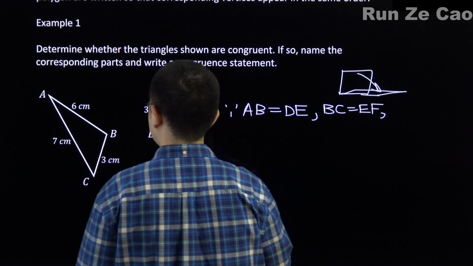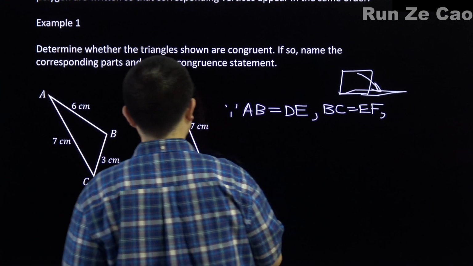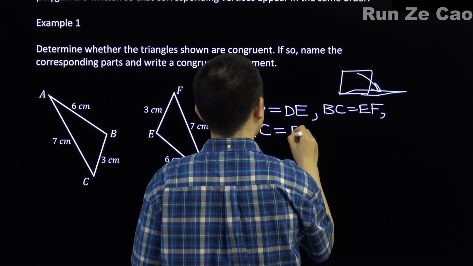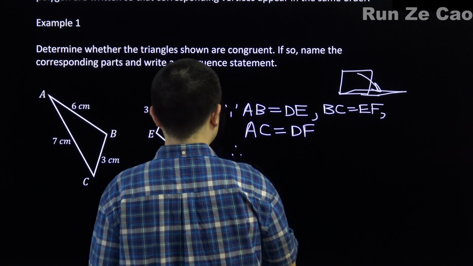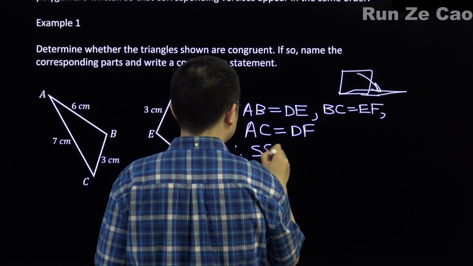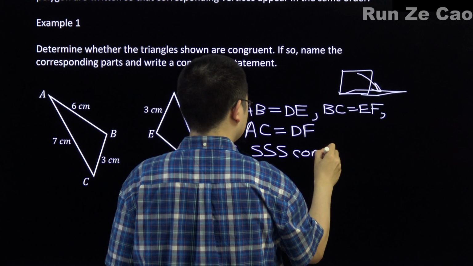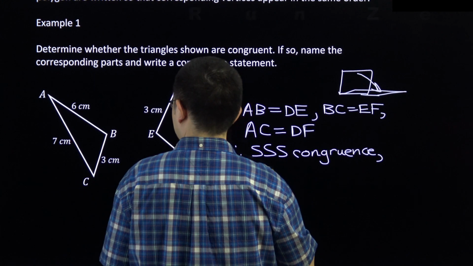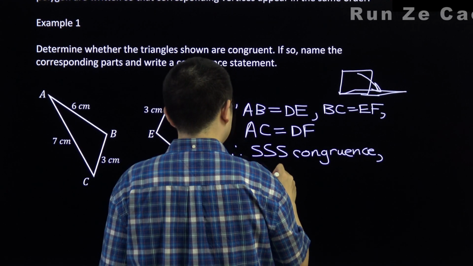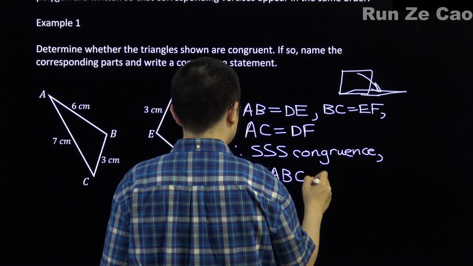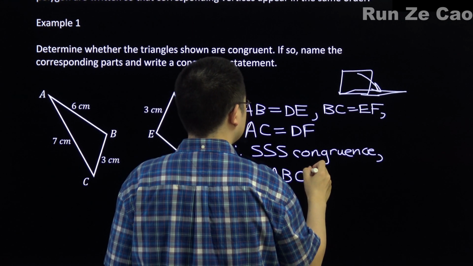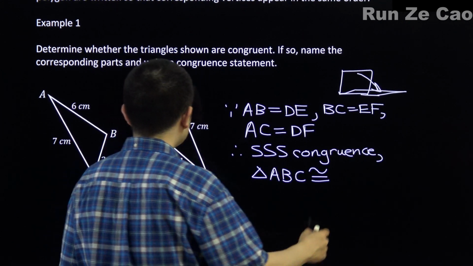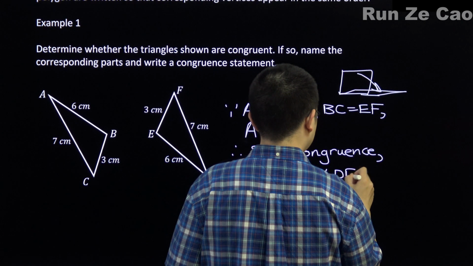And AC equals DF. Therefore, by side, side, side congruency, or just congruence, triangles ABC and DEF are congruent.